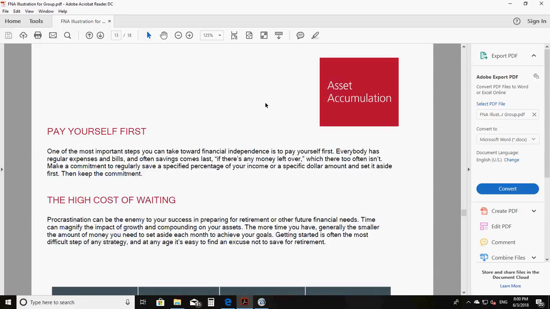If savings is a manual trigger, in other words, if there's any money left over, that's not a plan. What we advocate is paying yourself for that time, energy, resources, labor that went into whatever you were doing. Make a commitment to regularly save a specified percentage of your income or a specific dollar amount. Set it aside first and keep that commitment.